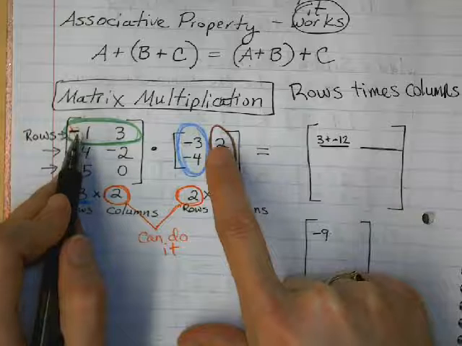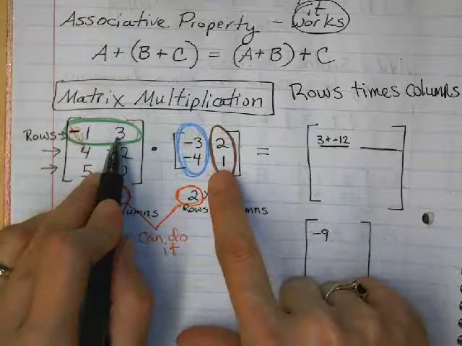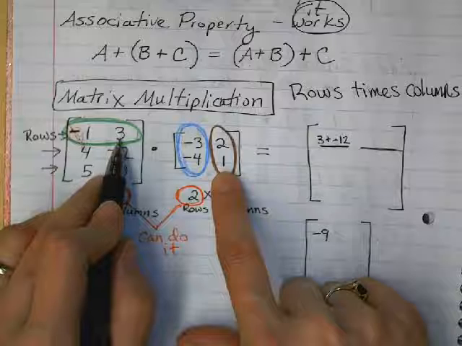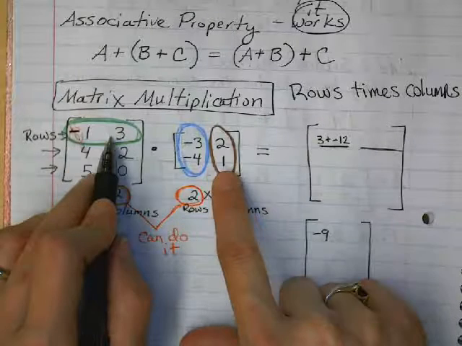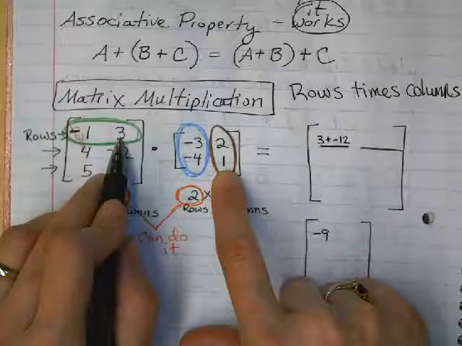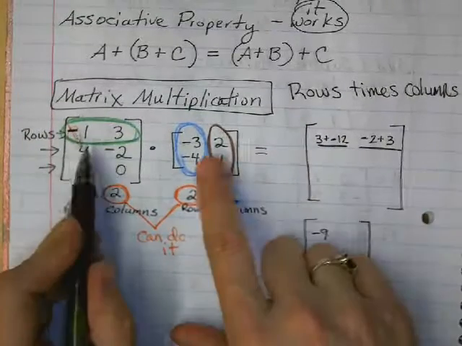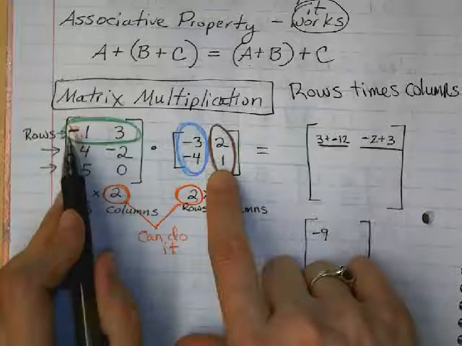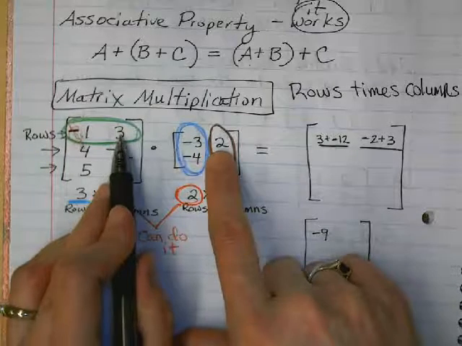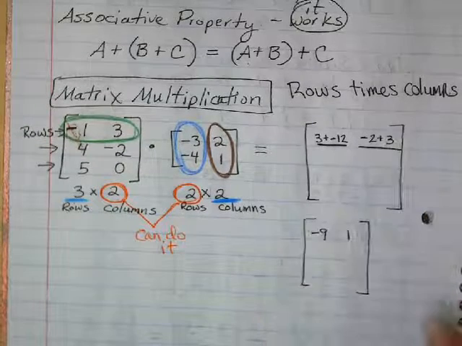It'll be -2, and then, see where I'm pointing? This times this, that's 3. So it'll be -2 plus 3. See, this one times this one, plus this times this. Okay, so -2 plus 3, that's 1.